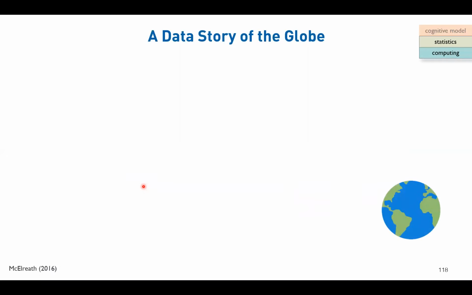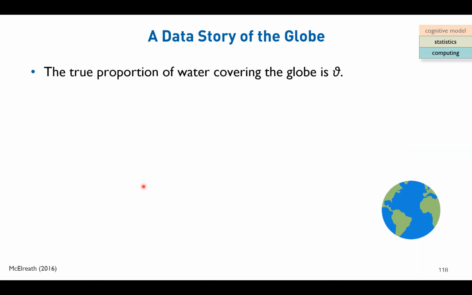Okay, so what can be a data story of the globe example here? We could assume that there is a true proportion of water covering the globe. So the true proportion, we say that's theta.